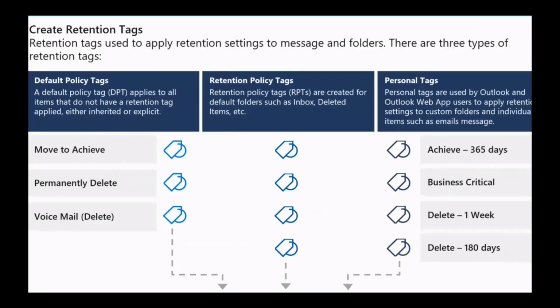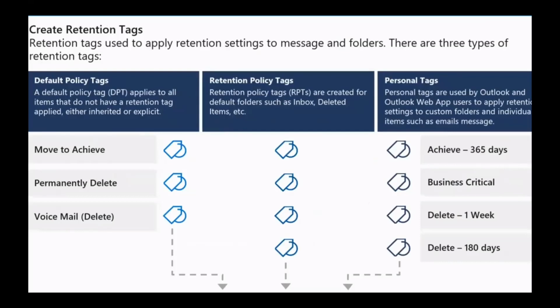And then we have the personal tags. Personal tags are used by Outlook and Outlook web application users to apply retention settings to custom folders and individual items, such as individual email messages, okay? And here you can apply the same set of policies to different items.